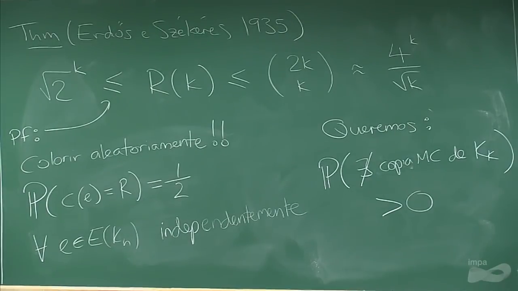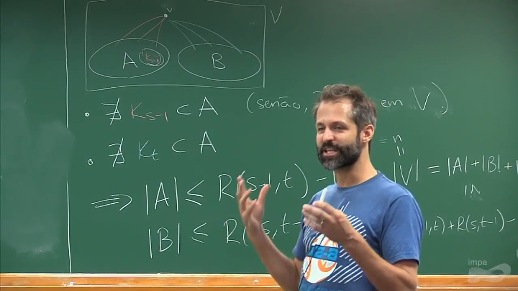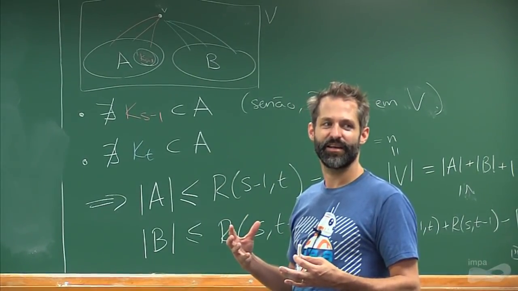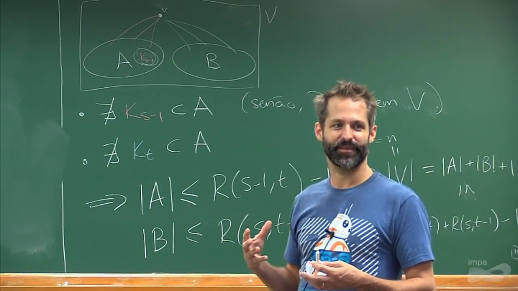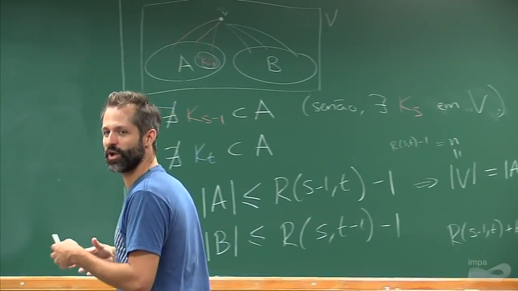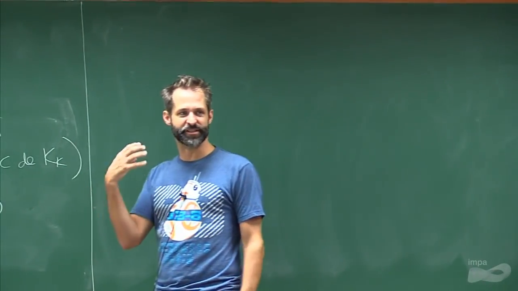When you have some random variable, it can be very difficult to calculate probabilities like this. But there's something that's very easy to calculate, and that is the expectation. You can calculate expectations of random variables. So when you want to prove something like this, you should follow these steps.